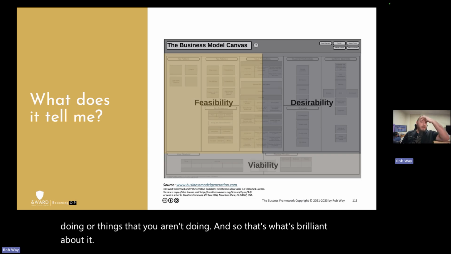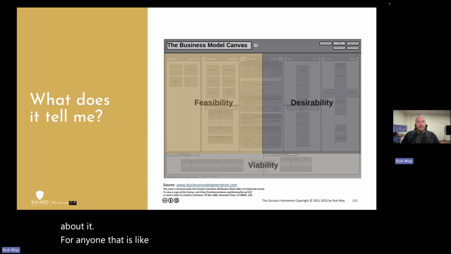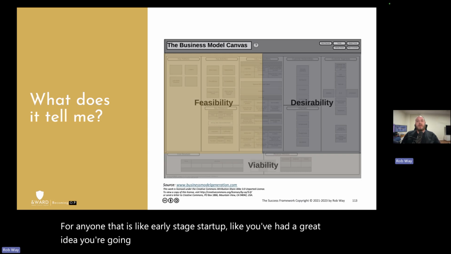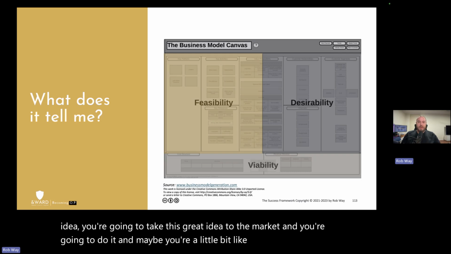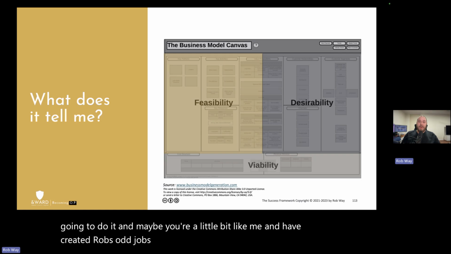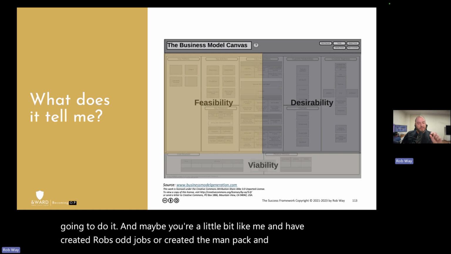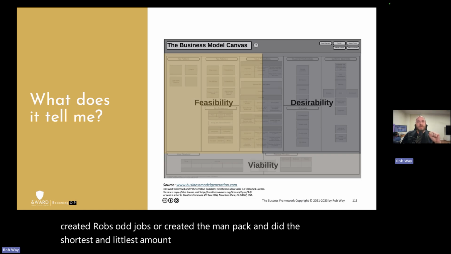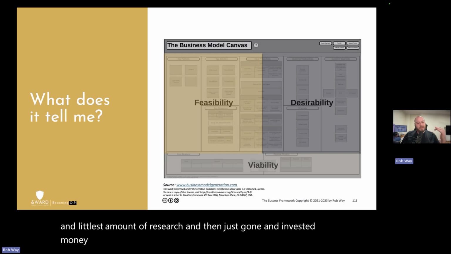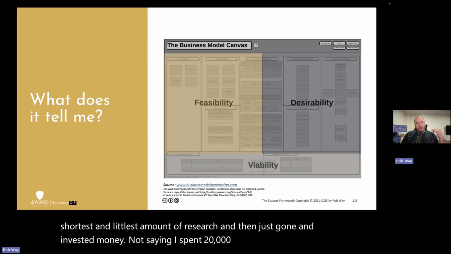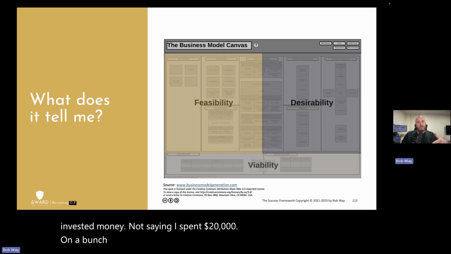For anyone that is like early stage startup, like you've had a great idea, you're going to take this great idea to the market and you're going to do it. And maybe you're a little bit like me and have created Rob's Odd Jobs or created the Man Pack and did the shortest and littlest amount of research and then just gone and invested money. Not saying I spent $20,000 on a bunch of product that no one wanted.